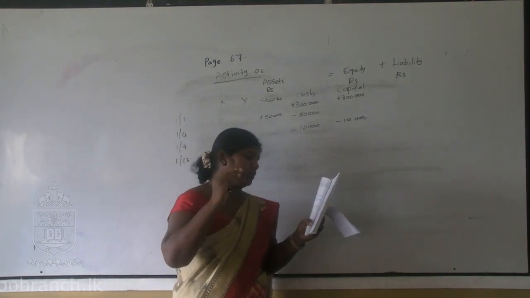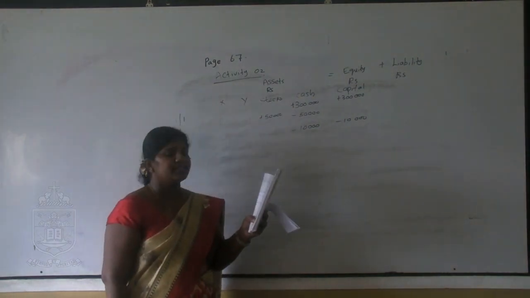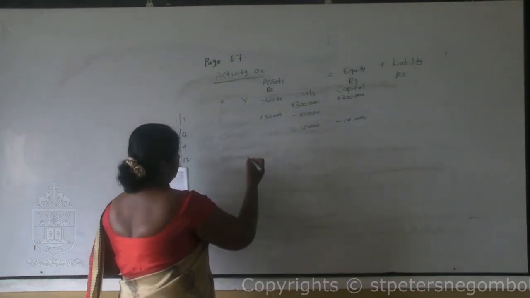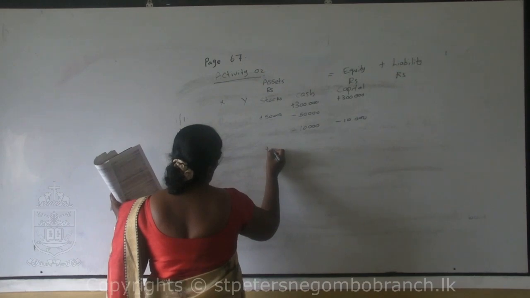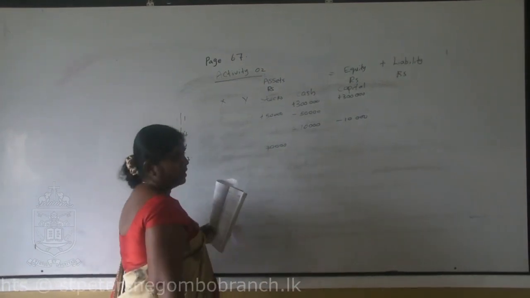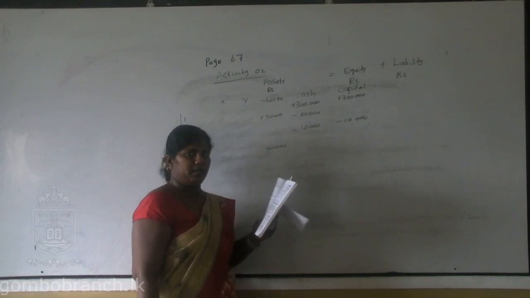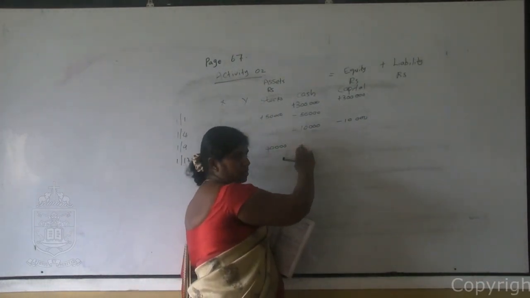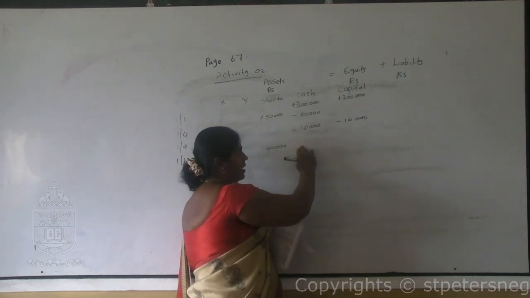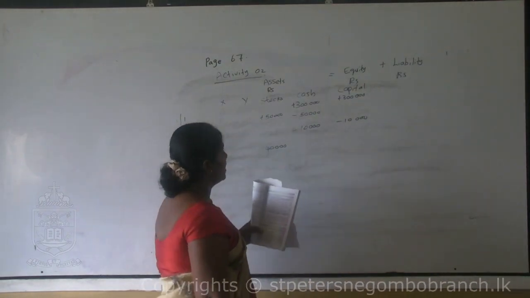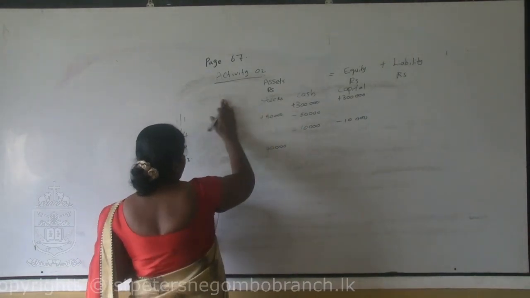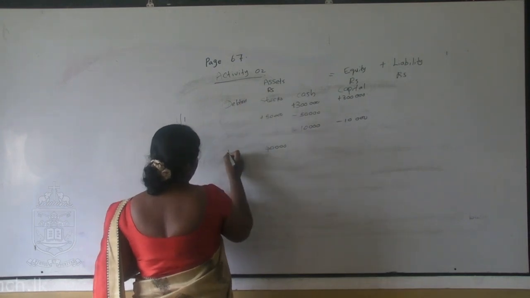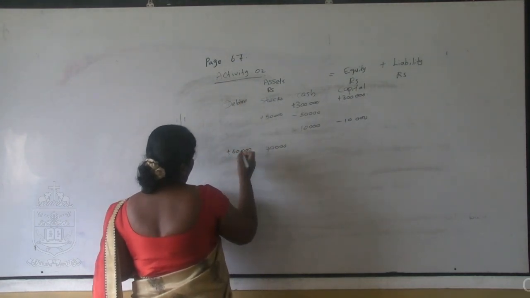So sold goods which cost 40,000 rupees at 60,000 on credit basis means stocks will decrease 40,000. Definitely there is a profit. So that amount increased, not cash. They didn't receive cash, but instead of cash, created debtors. Debtors 60,000 increase.